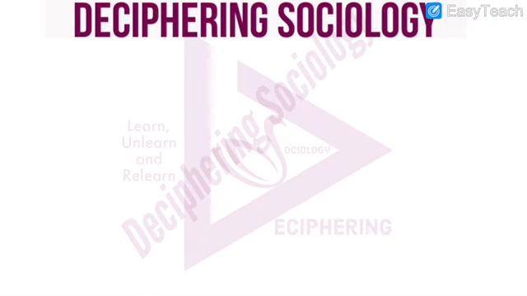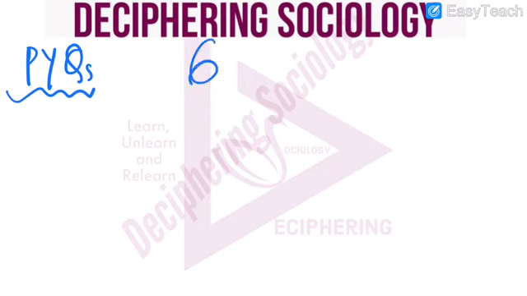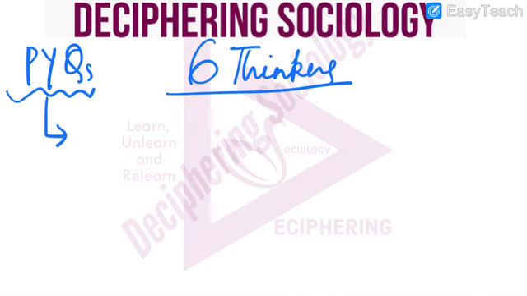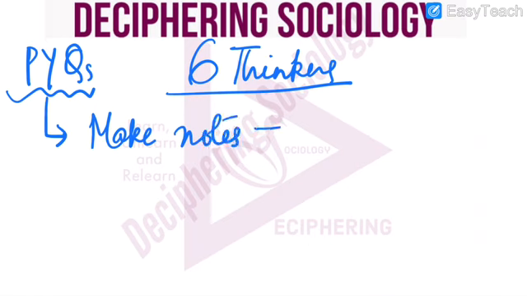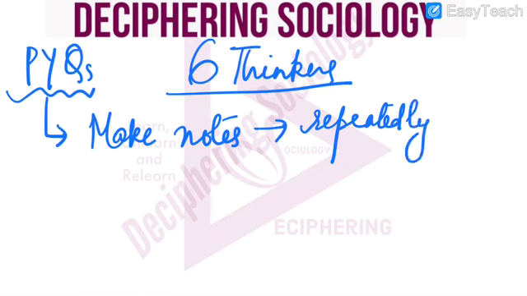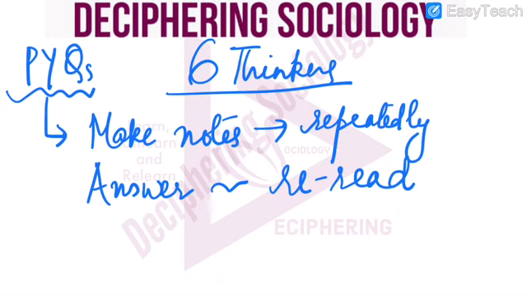Apart from that, PYQs are very much important. For all the 6 thinkers, please go through the PYQs and make notes of those concepts which are being asked repeatedly. Once you get through them, try to answer the questions or attempt questions, and when you find something difficult, reread that portion and re-attempt the answer.